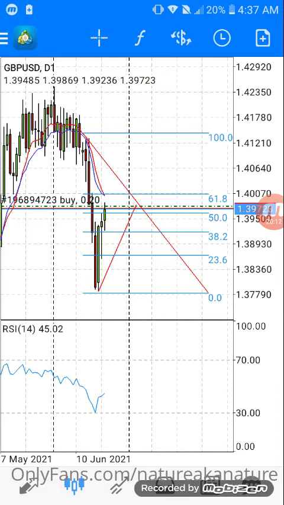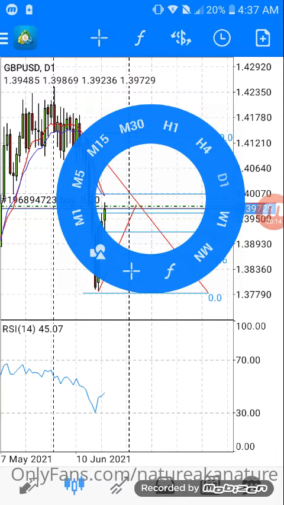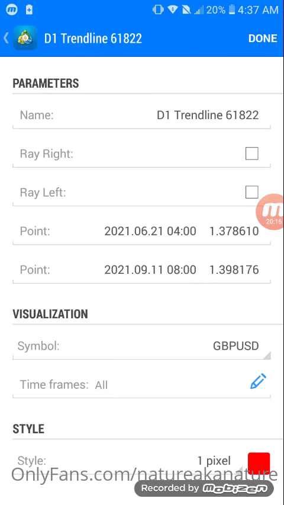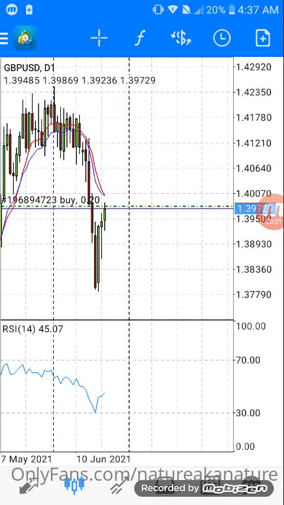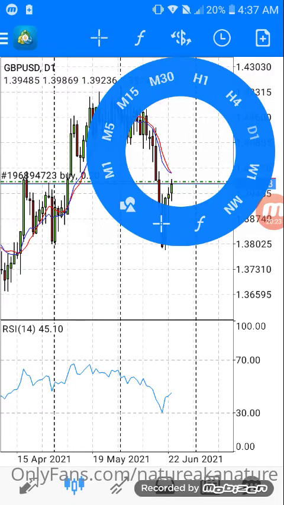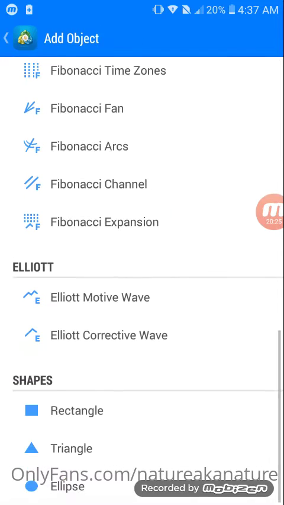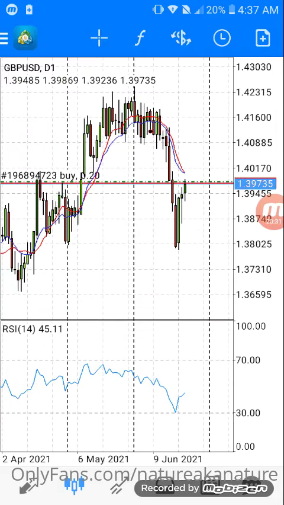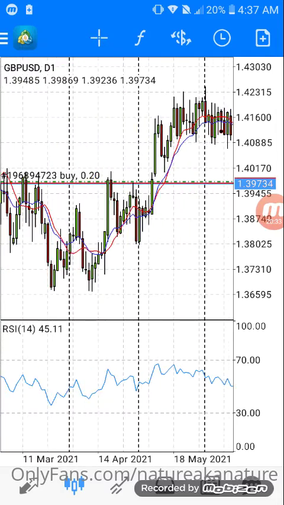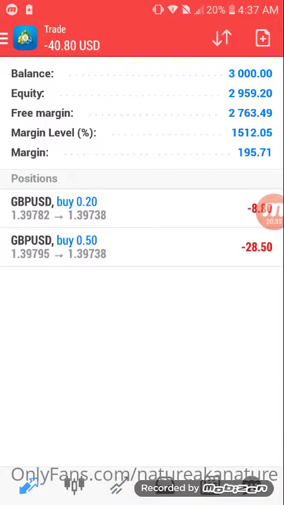Let me go back out of this real fast. Delete this. Delete Fibonacci and that real fast. And show you another one. They have the box, the rectangle. Okay, so you could draw like a rectangle. See.